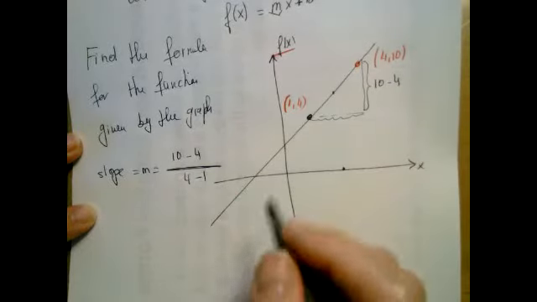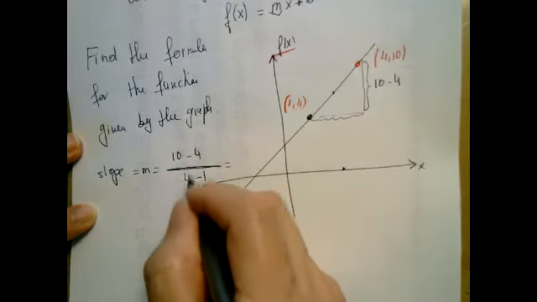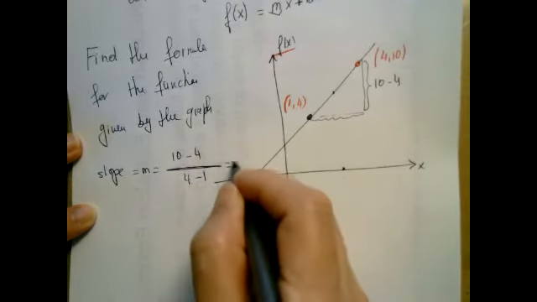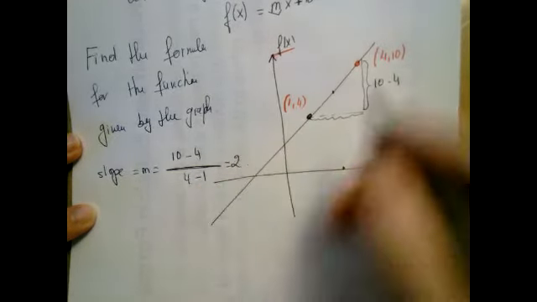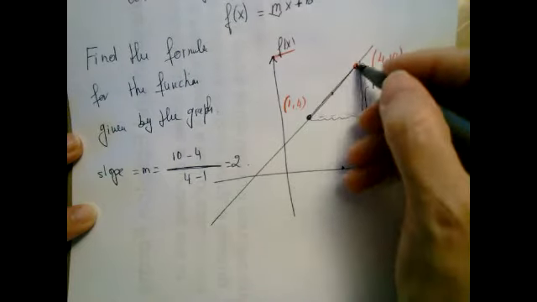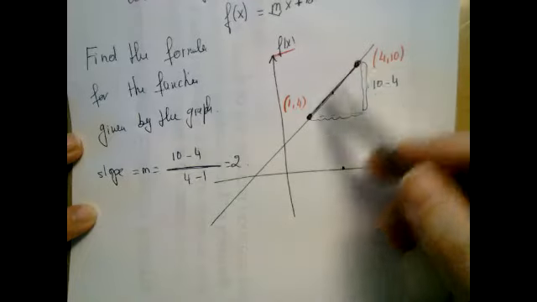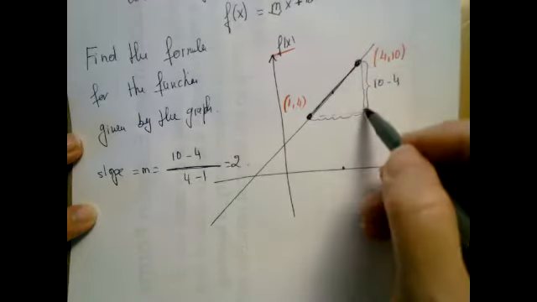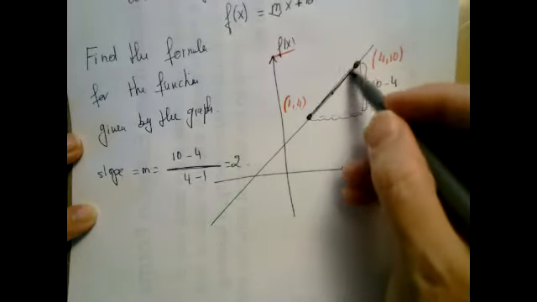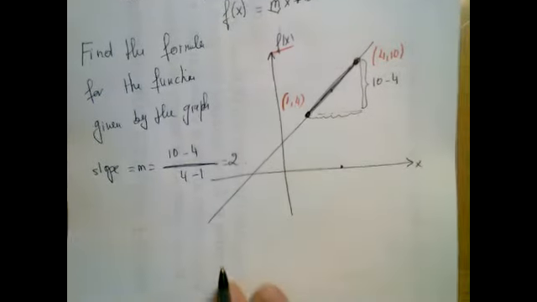So my slope in this very simple problem is 6 over 3, which gives me 2. This is the slope of this line, which is basically the average rate of change of the function. If a function is linear, the average rate of change is constant, because the average rate of change is nothing more than the slope of the line, which is constant for a linear function.